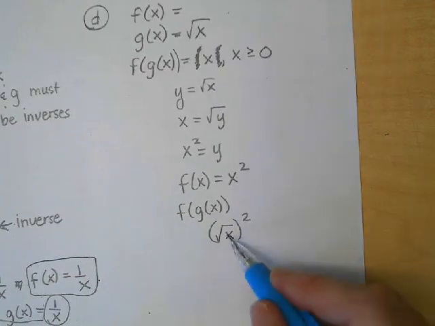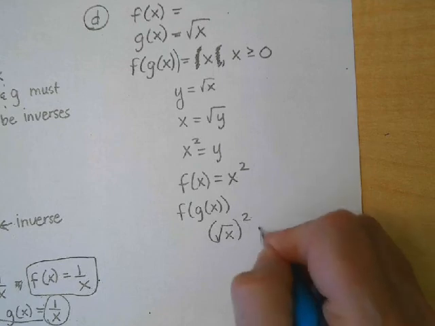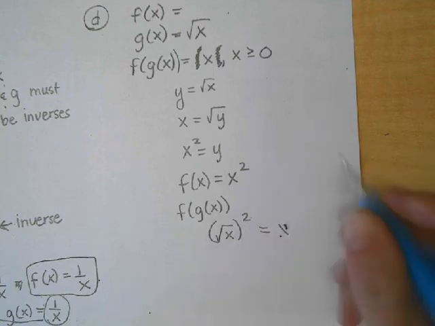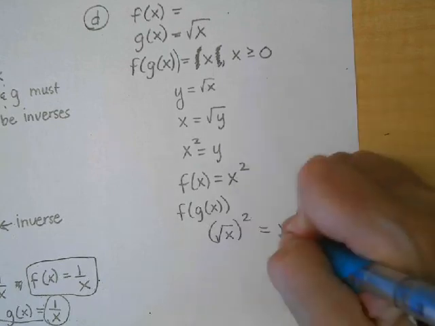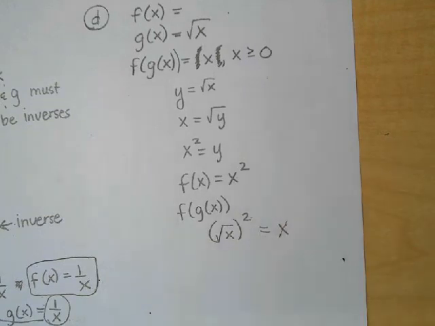Well, the square root of x squared is equal to x. Now, here's the caveat. It wouldn't be equal to x if x is a negative number. So we would have to say it's equal to the absolute value of x.